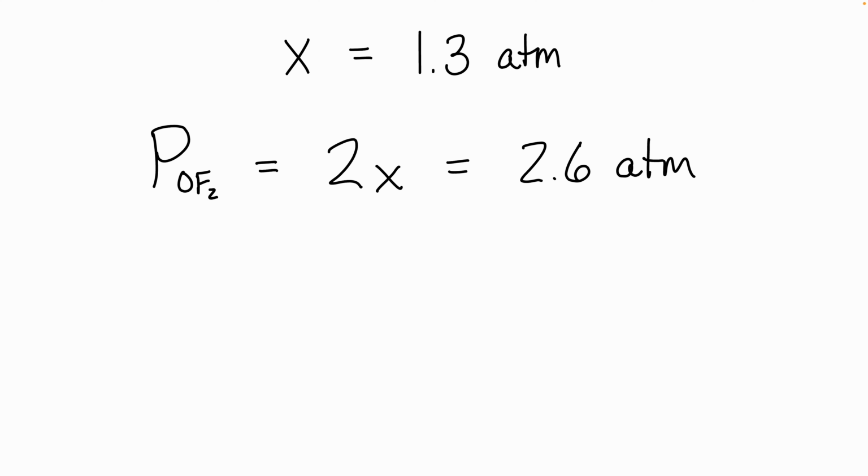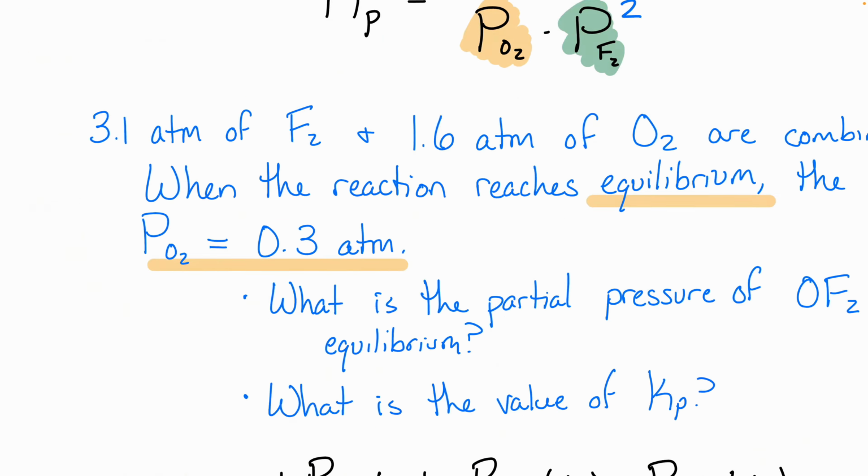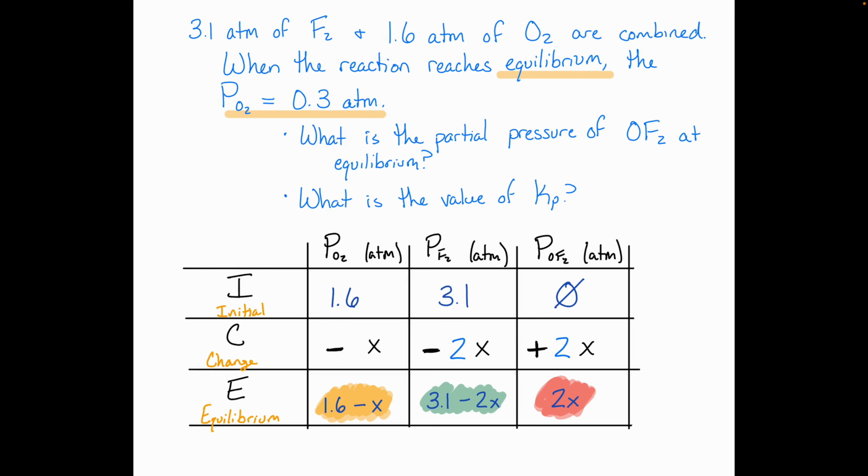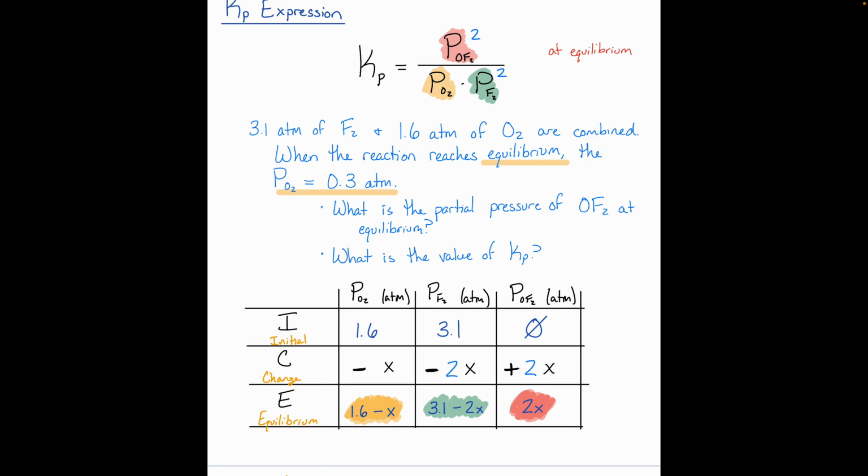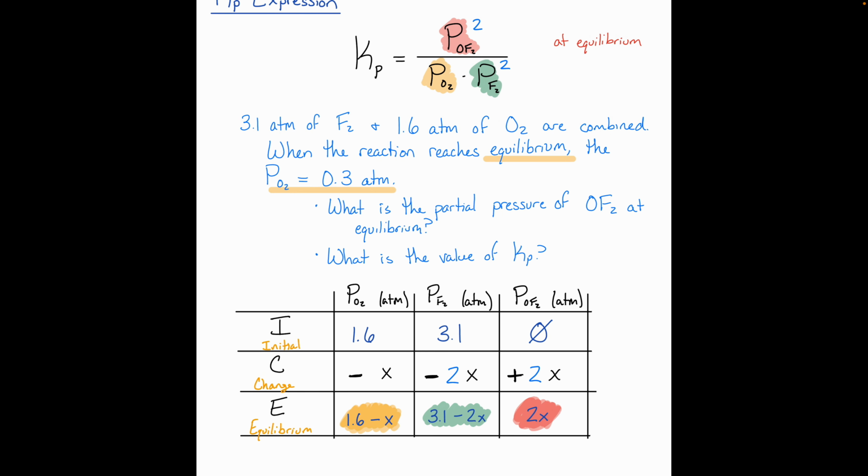Okay, so then the last question I want you all to try to answer on your own here after what we've discussed about these ice tables. What I want to know now is what the value of this equilibrium constant is. So you need to plug in equilibrium pressures to our Kp expression here.